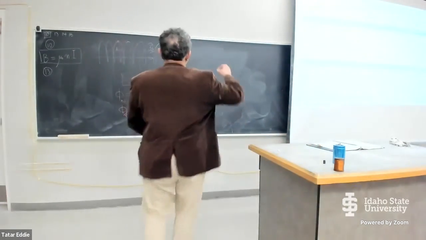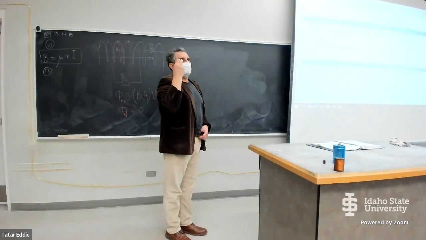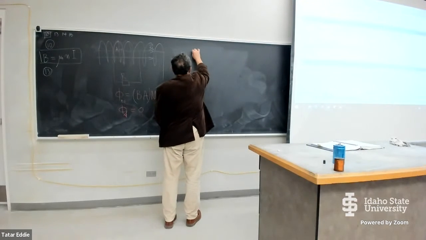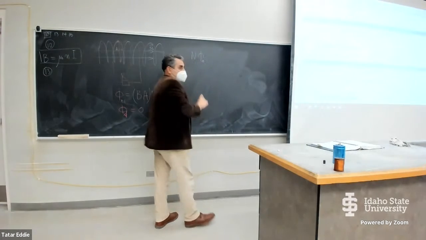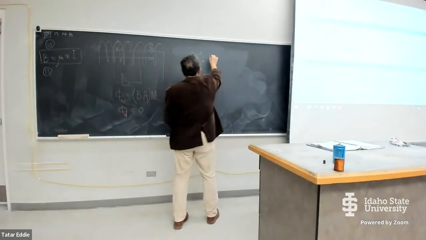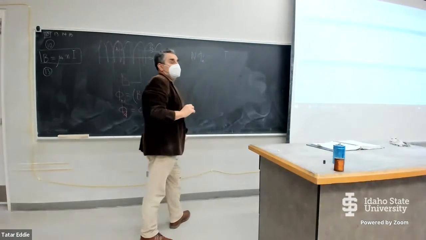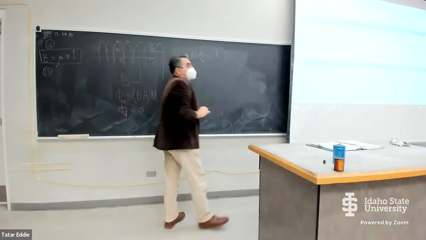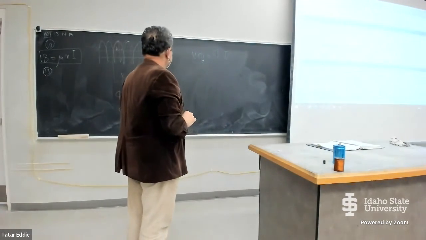And we said that the total magnetic flux in this solenoid, which is the number of turns times the flux through a single turn, has to be proportional to the current in the solenoid. And the coefficient of proportionality is what we call inductance.